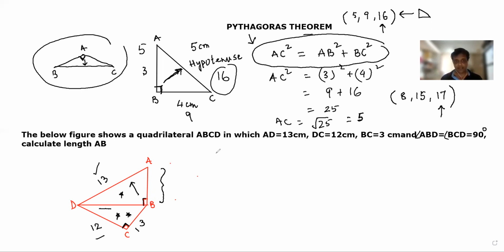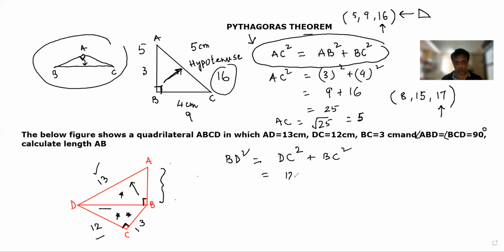So let's start. In the bottom triangle, the hypotenuse is BD square, right? Opposite the right angle is the hypotenuse. And this is equal to the square of the other side, which is DC square plus BC square. Very simple. So BD square will be equal to DC, what is DC?